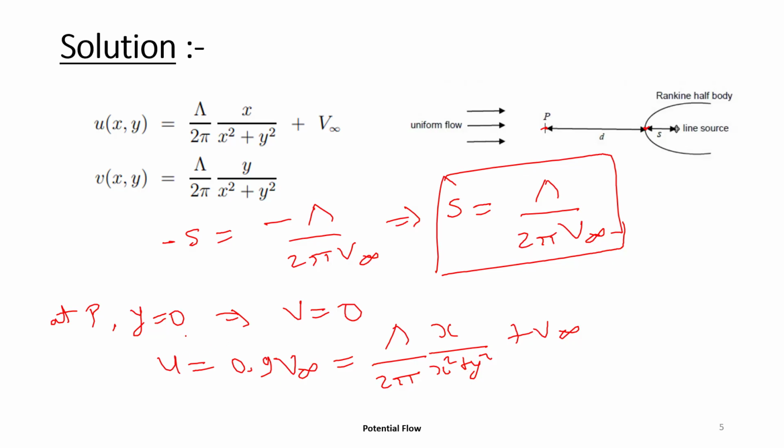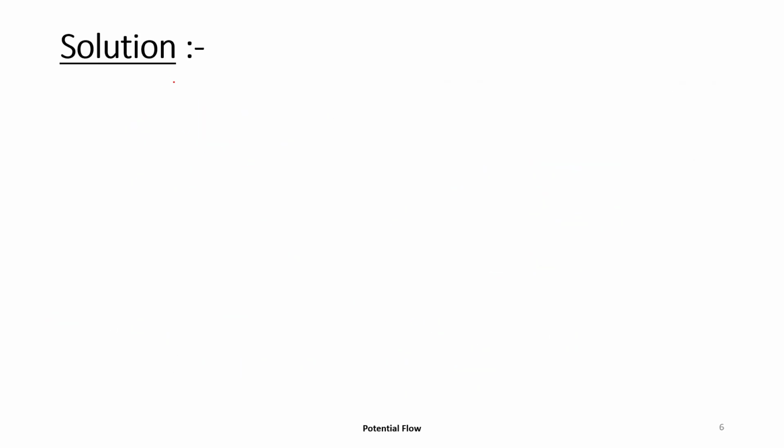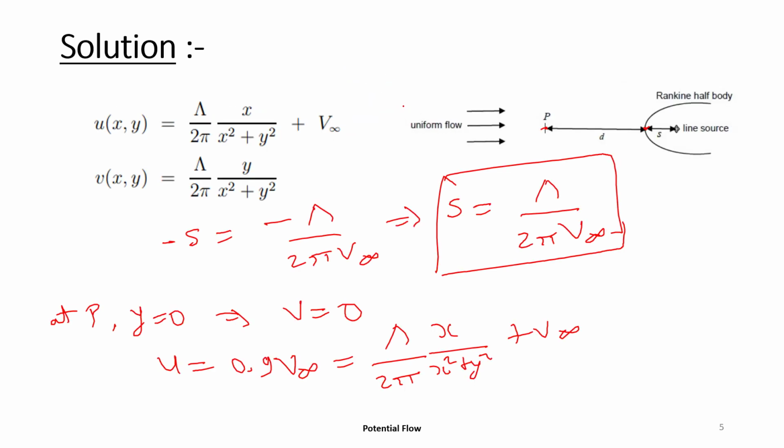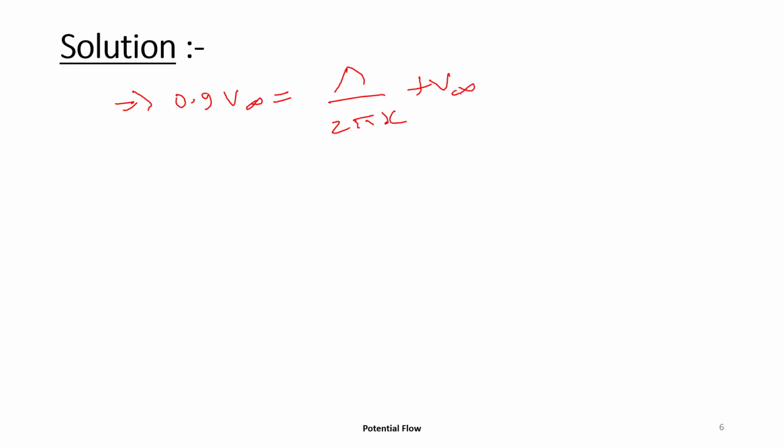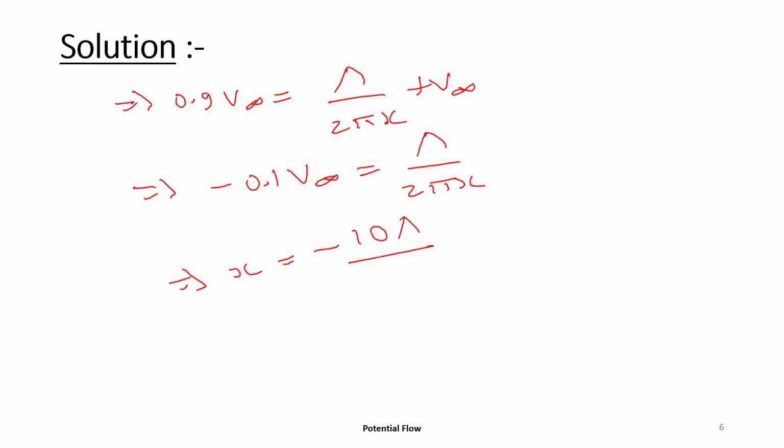So here we already know y equal to 0, so we will put it here. So we will get 0.9 V infinity equal to lambda upon 2 pi x plus V infinity. So we will get minus 0.1 V infinity equal to lambda upon 2 pi x. So x will be minus 10 lambda upon 2 pi V infinity.